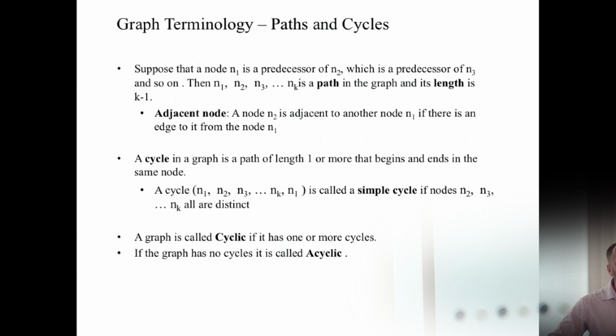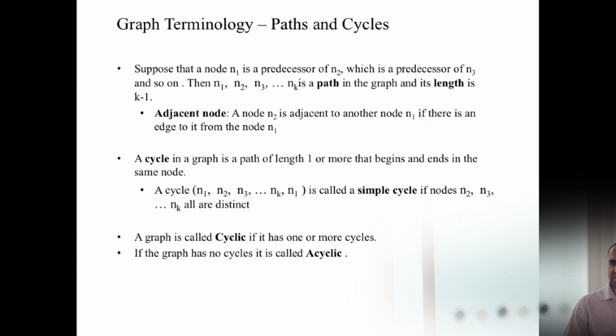We can also compute the length of a path from the number of nodes in that path. If there are 4 different nodes in a path, its length will be the number of nodes minus 1, because to connect 2 nodes, you don't need 2 edges. Only one edge is enough to connect 2 nodes.